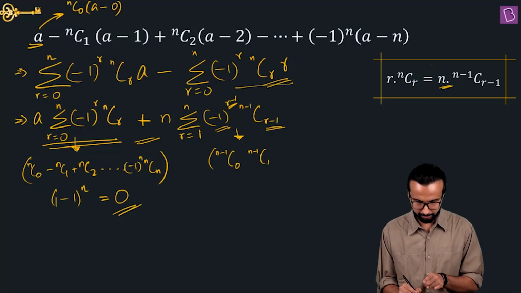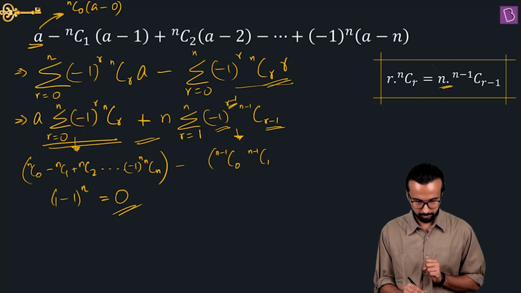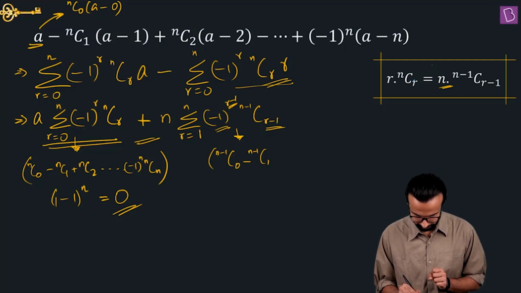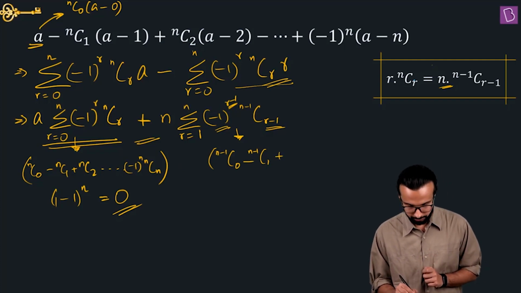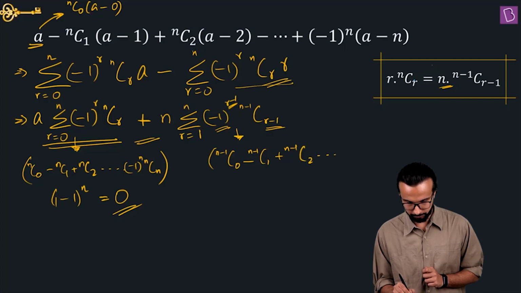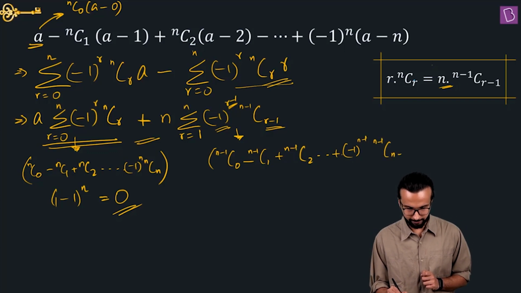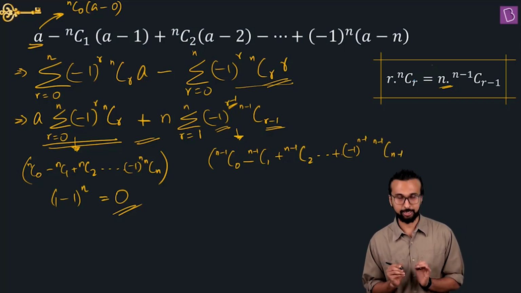Now I get (n-1)C0 minus (n-1)C1 plus (n-1)C2 all the way up till (-1)^(n-1) (n-1)C(n-1) here.